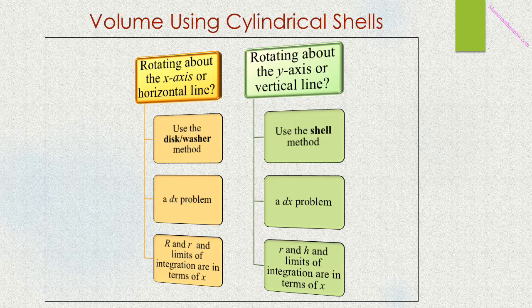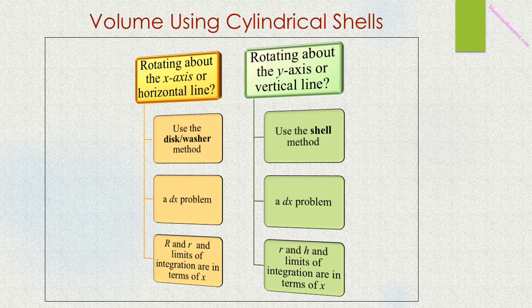Capital R and little r and the limits of integration will be in terms of x. If you are rotating your shape about the y-axis or a vertical line, the shell method is generally best. Again, it becomes a dx problem where r and h, and also the limits of integration, are in terms of x.